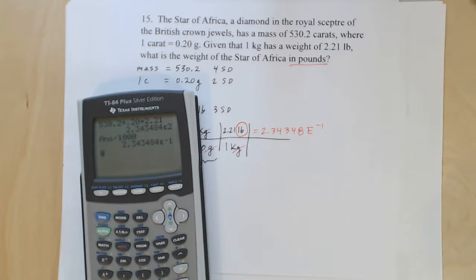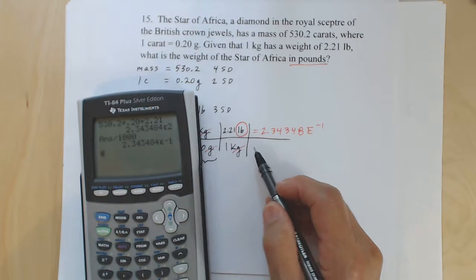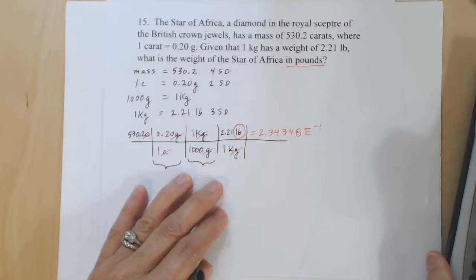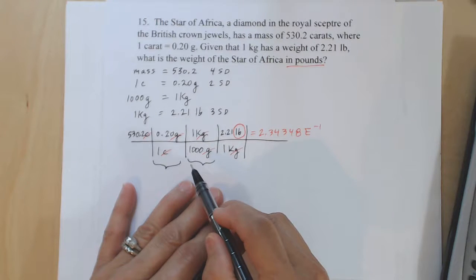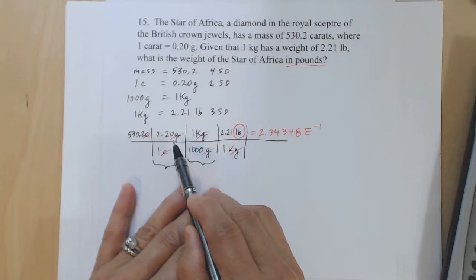So what I'm looking to do now is express this answer in scientific notation to the correct number of significant digits. So let's remind ourselves that when we're doing multiplication and division, which is what we did here, we need to concern ourselves with the least accurately known value, which in this case was 0.20 grams.